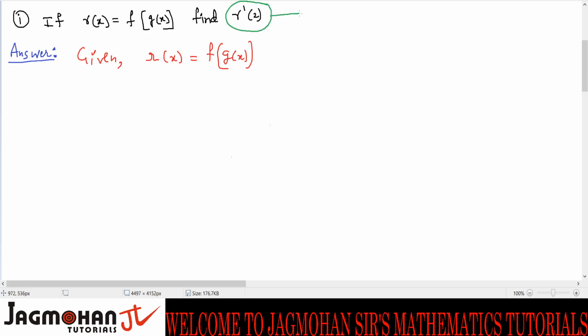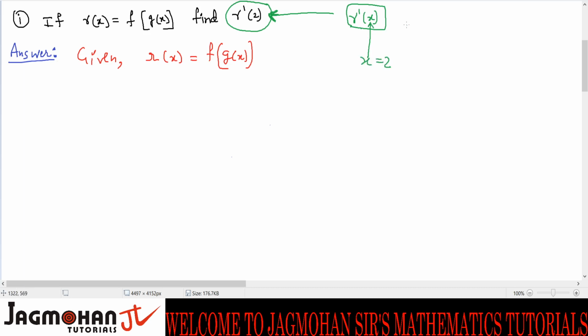Now when I have to find r dash 2, what is required for me to understand is, first I will get r dash x. I will first get r dash x, which is the derivative of r of x, and then I will substitute x value as 2.